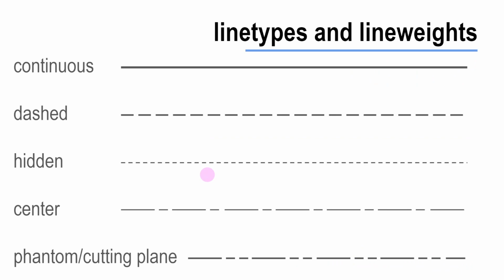So to start off, I just want to review again the different types of lines that you might see in sets of drawings. We've got our continuous line, or our regular visible line.